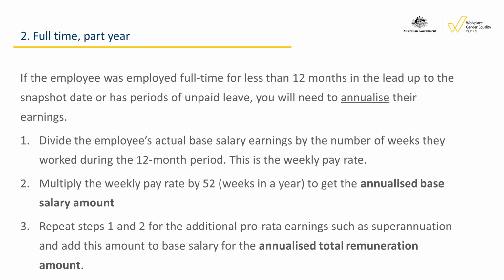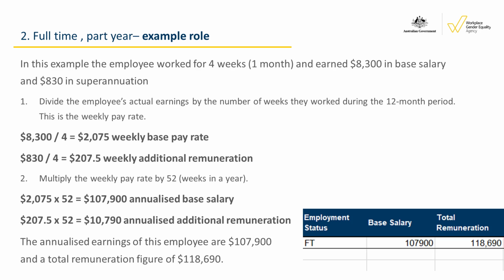This will give you a rough weekly pay rate. Multiply that weekly pay rate by 52 to get the annualized base salary. Repeat steps 1 and 2 for additional pro rata earnings, such as superannuation, to get an annualized amount. By adding them both together, along with any fixed additional payments, that will give you the annualized total remuneration amount.